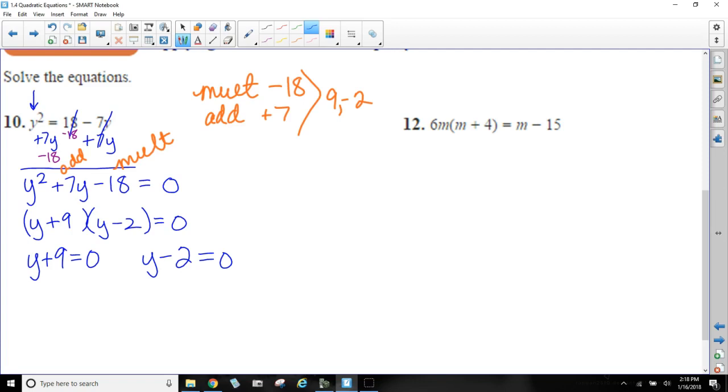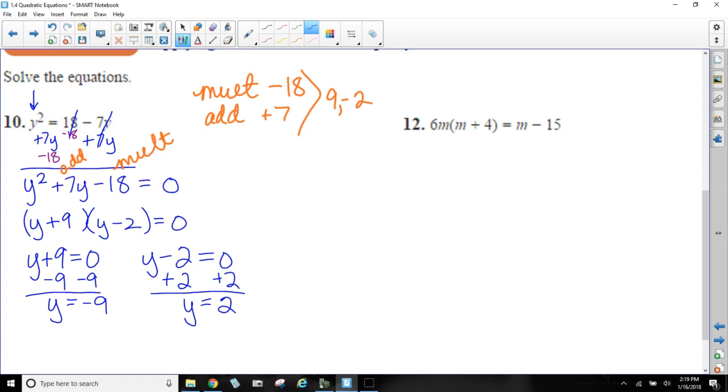To solve this first equation for y, I will subtract 9 from both sides, and I will have my first solution of negative 9. Over here on this other equation, I can solve for y by adding 2 to both sides. So my next solution is y is equal to positive 2. Now, you should be able to go back into your original equation and check both of these.